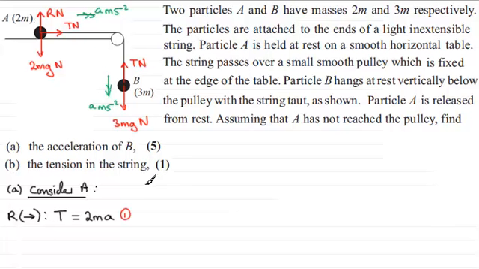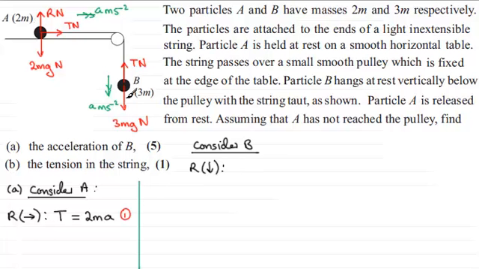We need to get another equation, and we get this by looking at B. So consider particle B. For this one, we'll resolve downwards in the direction of motion, taking downwards as positive.